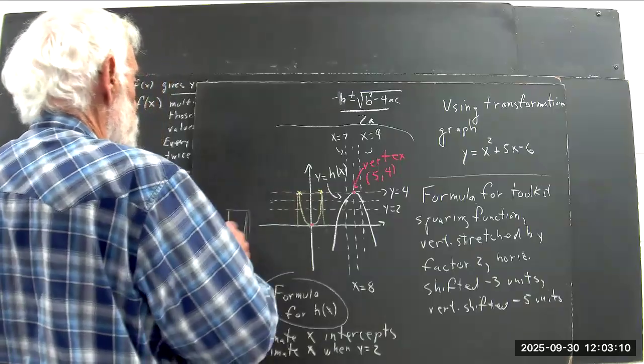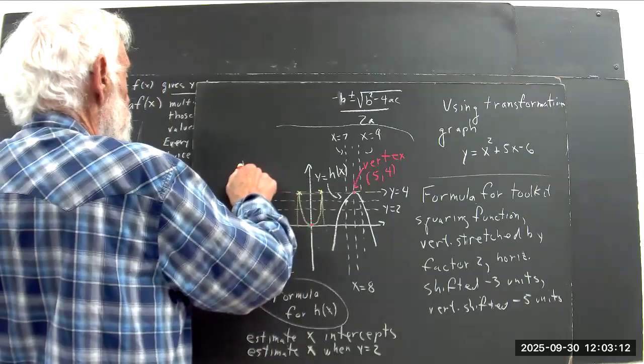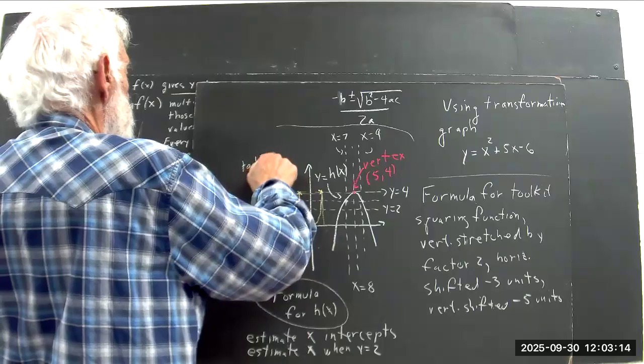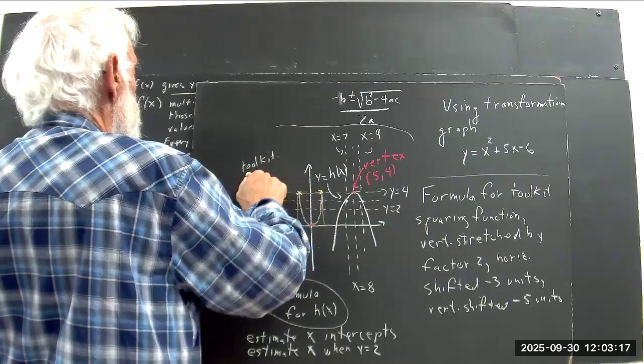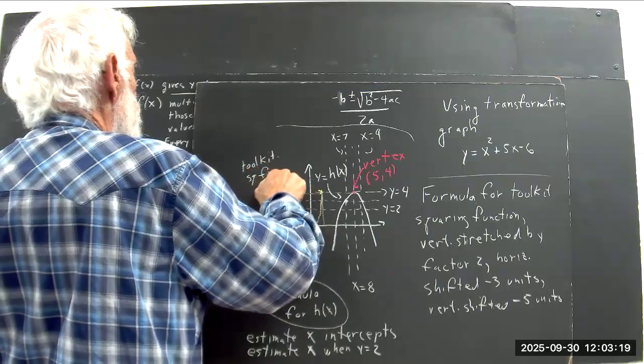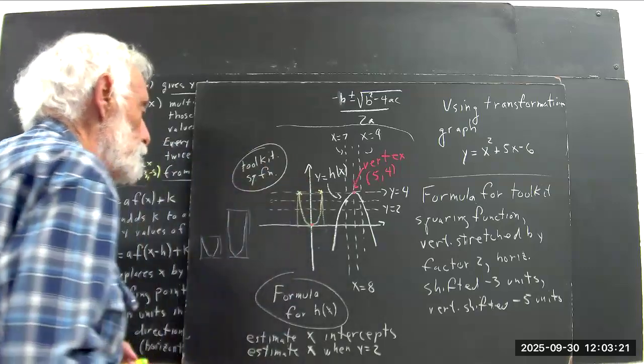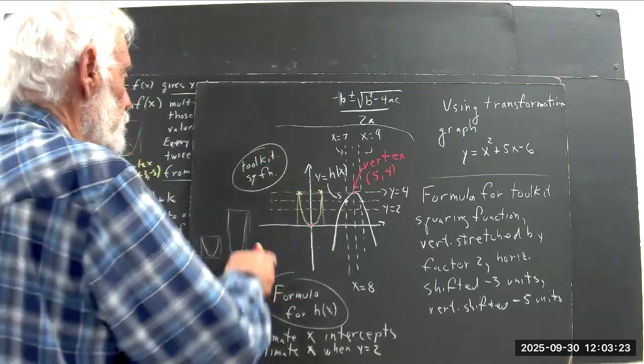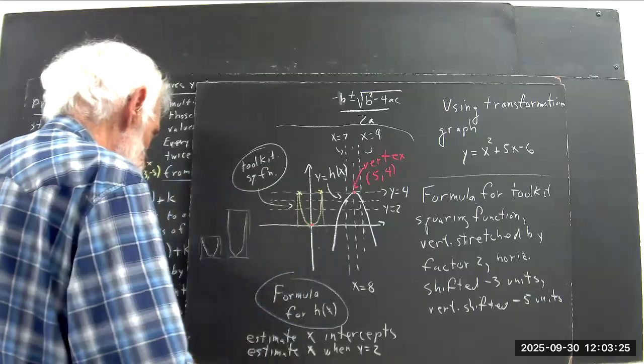This is the toolkit squaring function. You can draw that any way you wish. There it is.